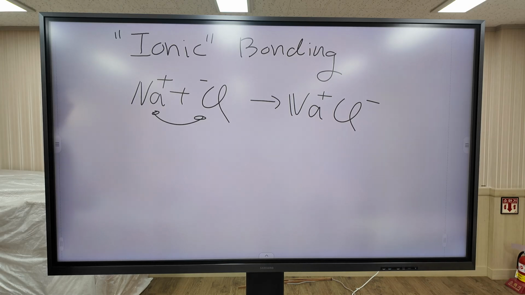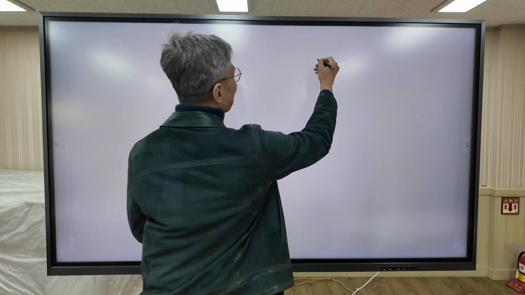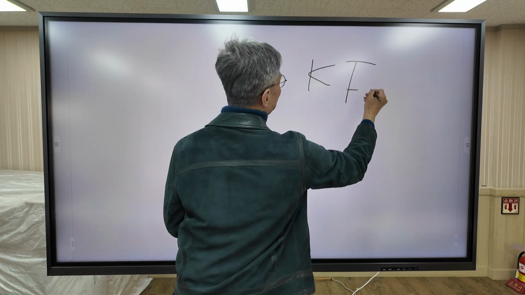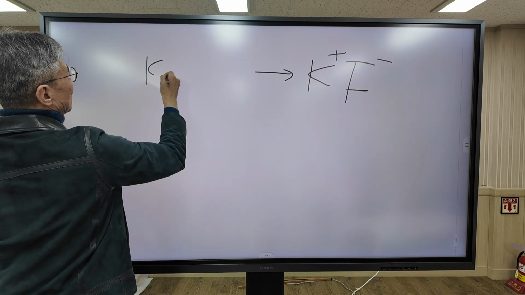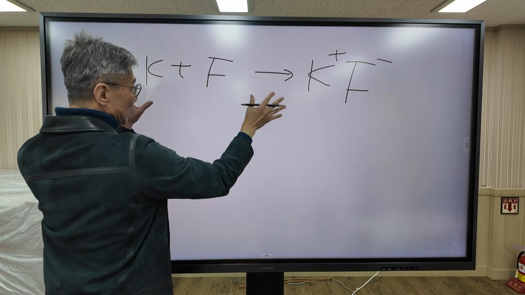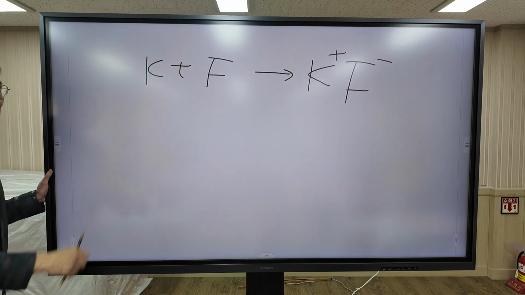But in our textbook, a very interesting ionic compound is introduced. The compound is KF. In our textbook, this reaction is introduced. Why is this reaction interesting?